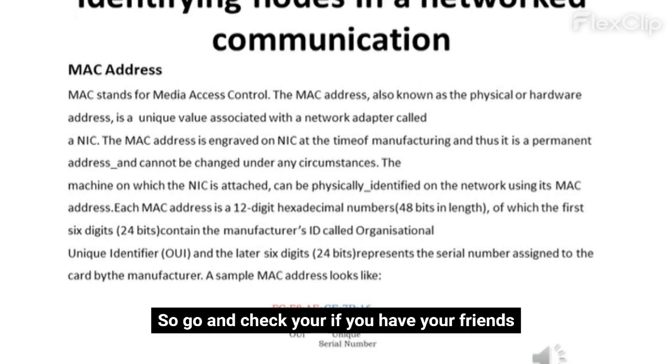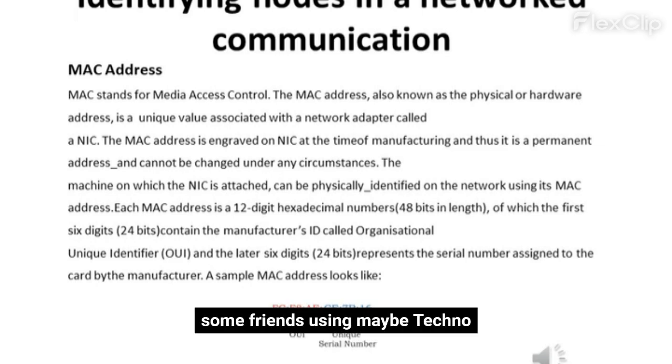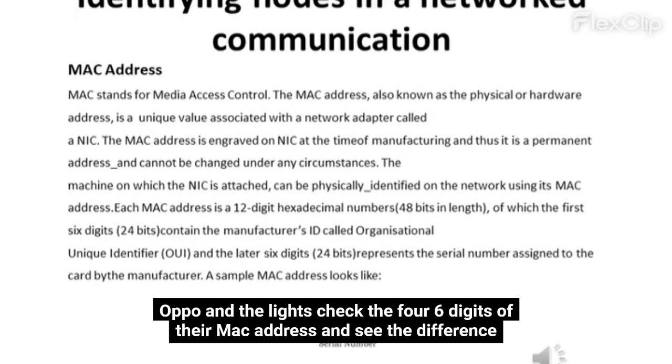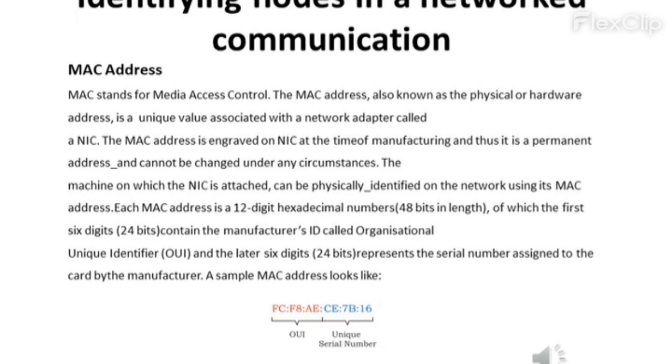So go and check if you have some friends using maybe Techno, Oppo, and the like. Check the first six digits of their MAC address and see the difference. The first six digits is the unique name.